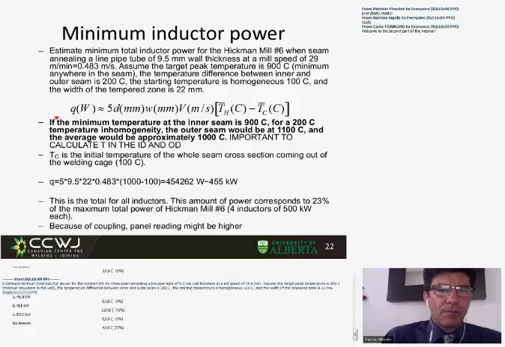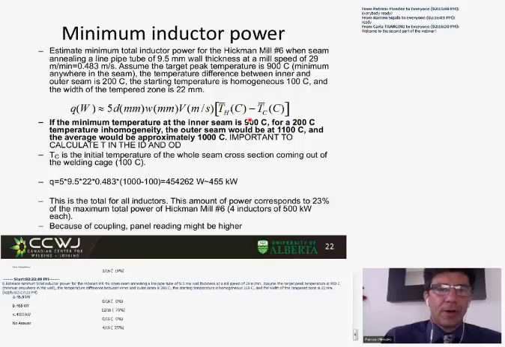So when we said the minimum temperature at the seam is 900 degrees C, right? And I mentioned, I'm saying magically we have a 200-degree inhomogeneity, right? A difference of 200 degrees, and we have formulas for calculating that one too. So what this means is that if the minimum temperature anywhere in the seam is 900 degrees, that means in the ID, in the inner part of the seam, it is 900 degrees.